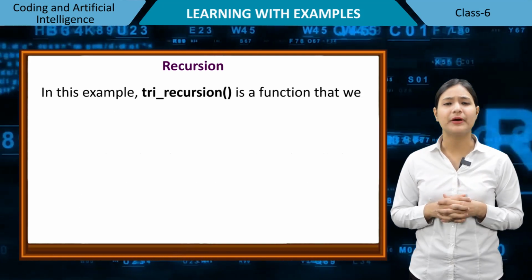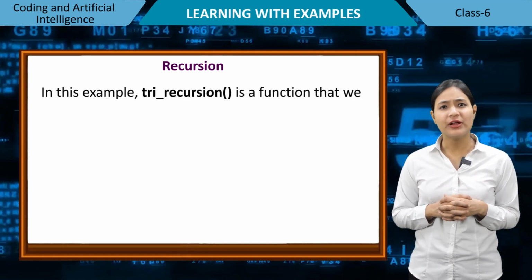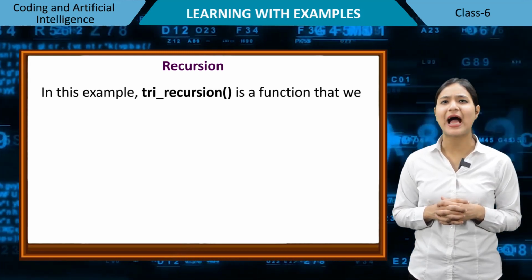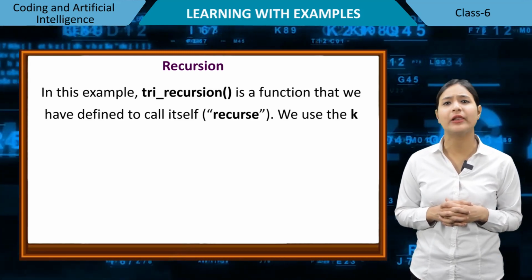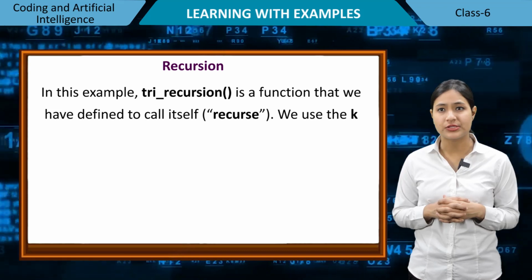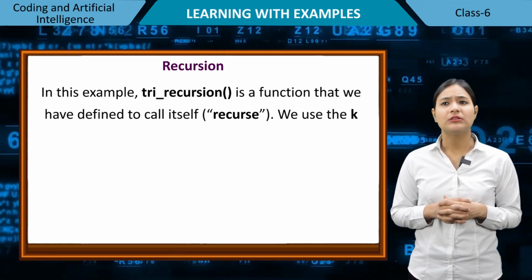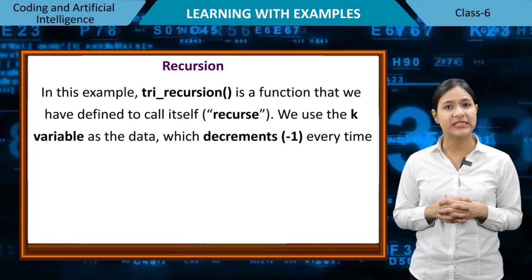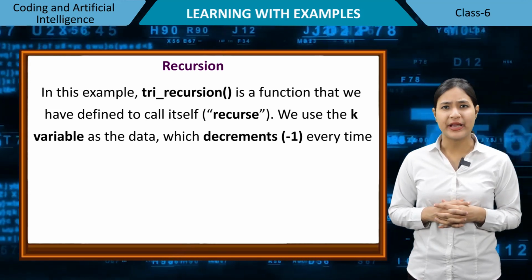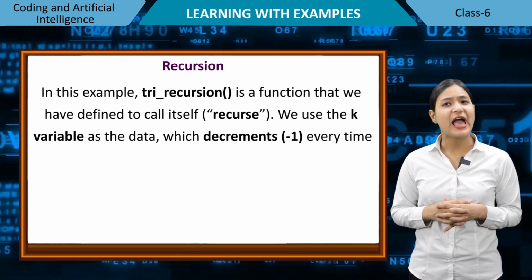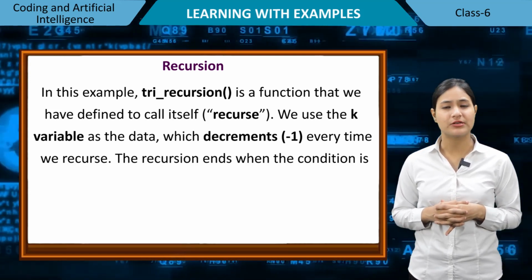In this example, tri_recursion() is a function that we have defined to call itself, recurse. We use the k variable as the data, which decrements by 1 every time we recurse.